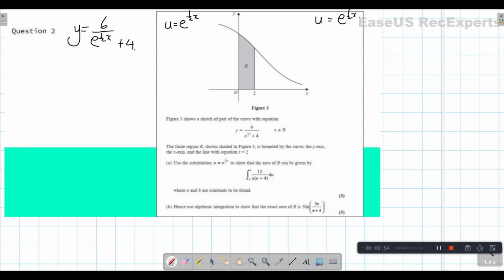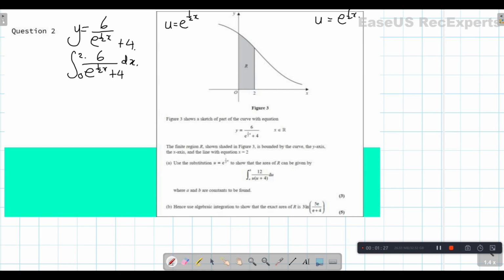I'm going to integrate 6 over e to the power of half x plus 4 dx, with limits between 0 and 2. Since we're using the substitution method, everything is going to be in terms of u, so I need to change the limits of x, from 0 to 2, to something relevant to u.